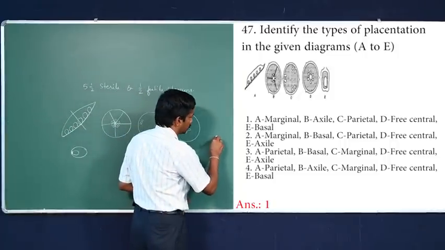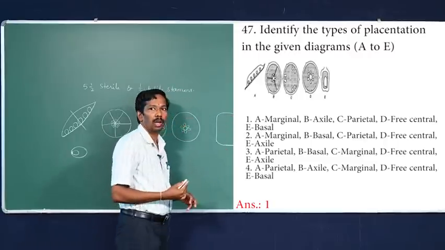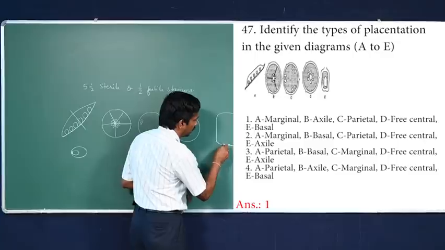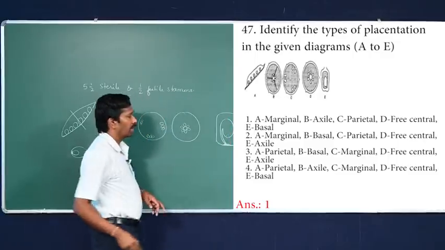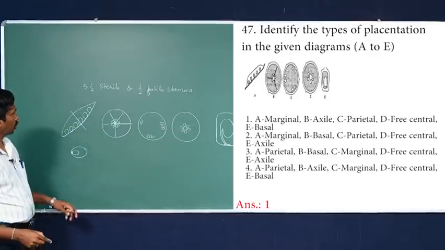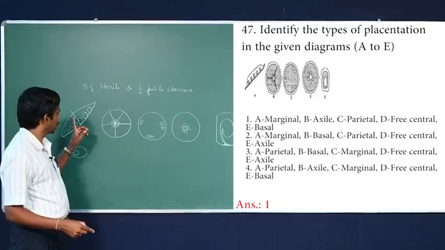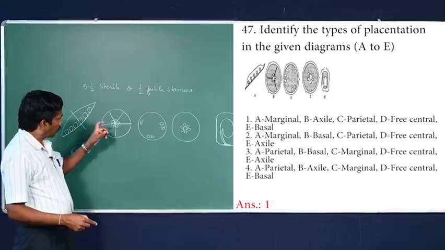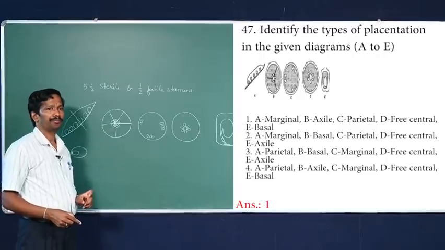And in sunflower, grasses, or plants which are having a single ovule, placenta is present at the basal part of the ovary, having only one ovule, it is constituting basal placentation. So one carpel, one locule with many ovules, it is marginal placentation. Many carpel, many locule, many ovules, it is axial placentation.